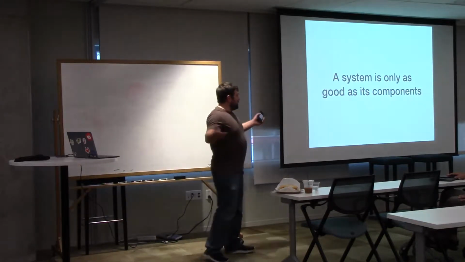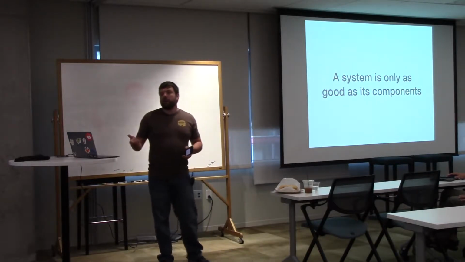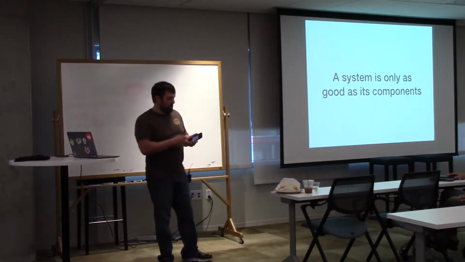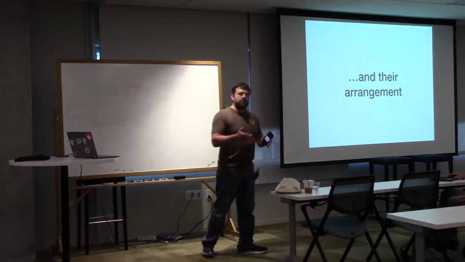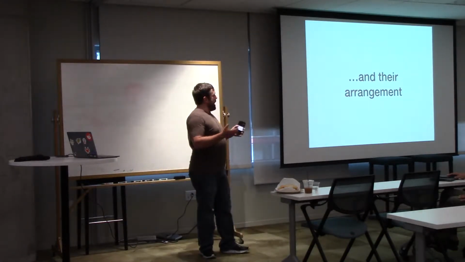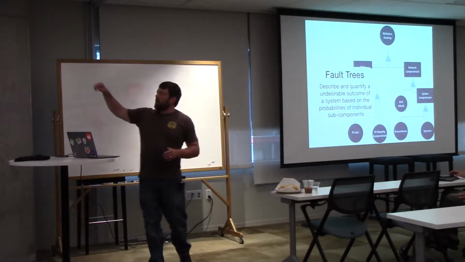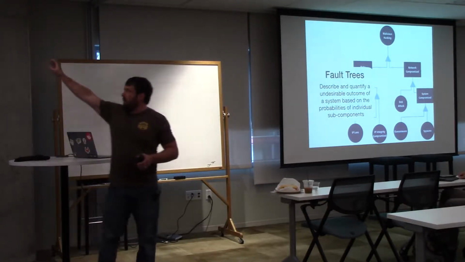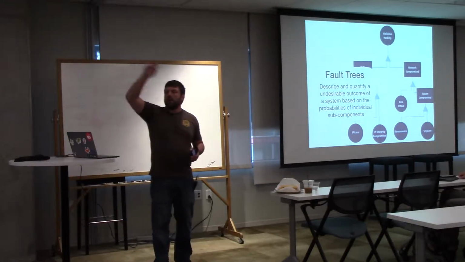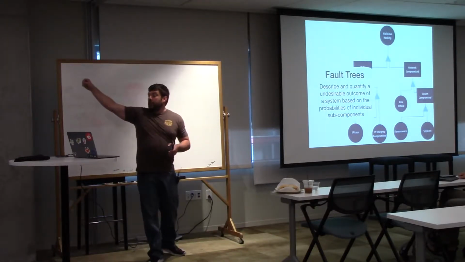And a general true thing is that your systems are only as good as the components that you make that system up of. Another thing to note is that it's also their arrangement. So if you have just one little thing sitting there, it's your single point of failure, right? If you have many things in parallel, you might have an option to go another route. You have another chance to succeed.